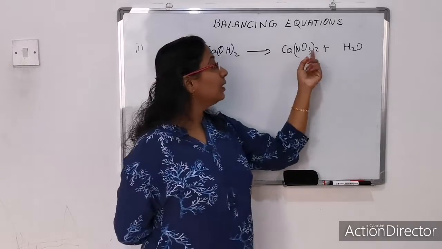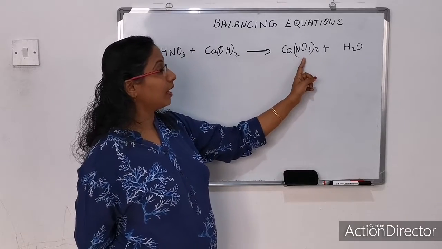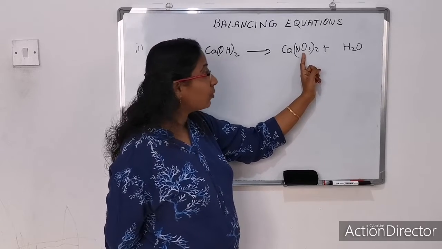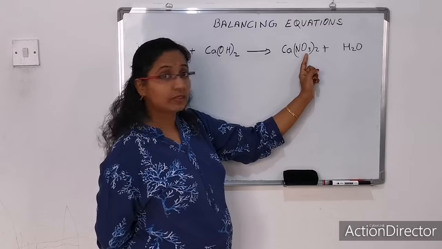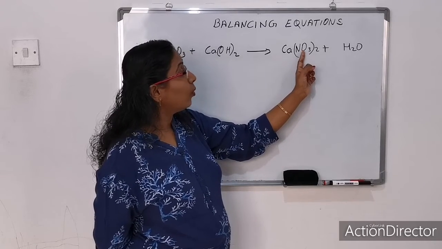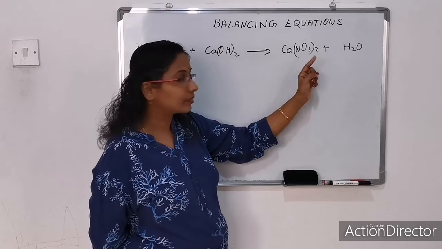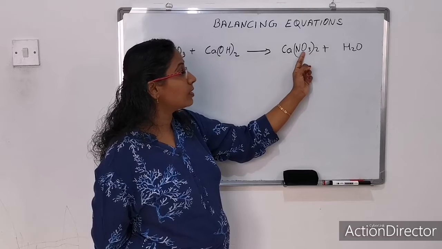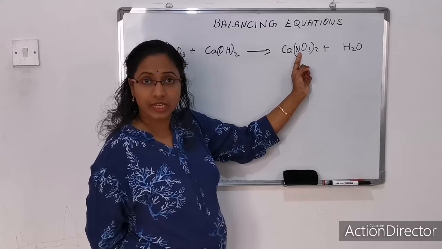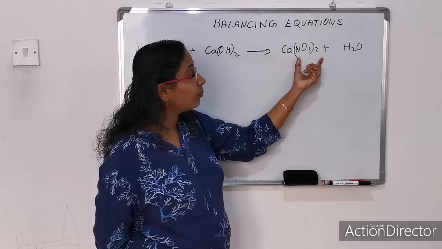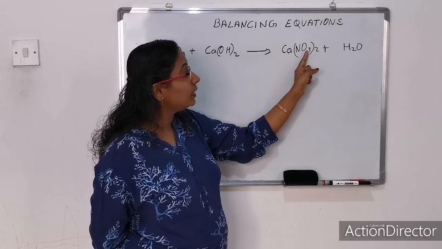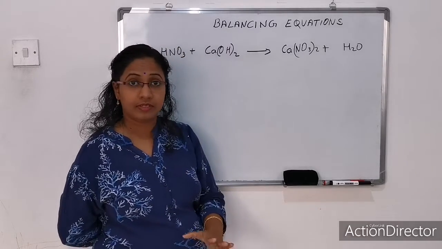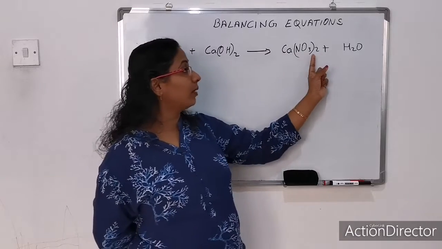Here in the product you have Ca and NO3 whole twice, right? Now in this NO3 whole twice, O has 3 and N is 1, and that twice means it gets multiplied, that is what you have to keep in mind.